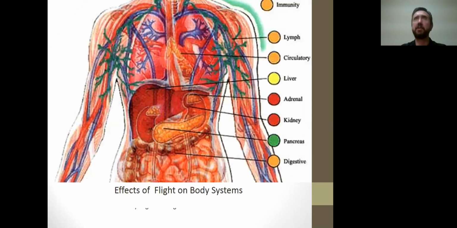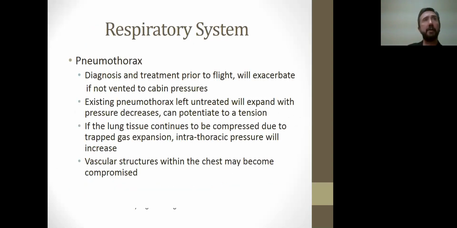Now we're going to talk about body systems and flight physiology and some things to be mindful of here. Our hollow organs would typically be affected by which specific law? Right, Boyle's law. Remember, as altitude increases, the gases are going to expand, and as altitude decreases, the gases are going to contract.